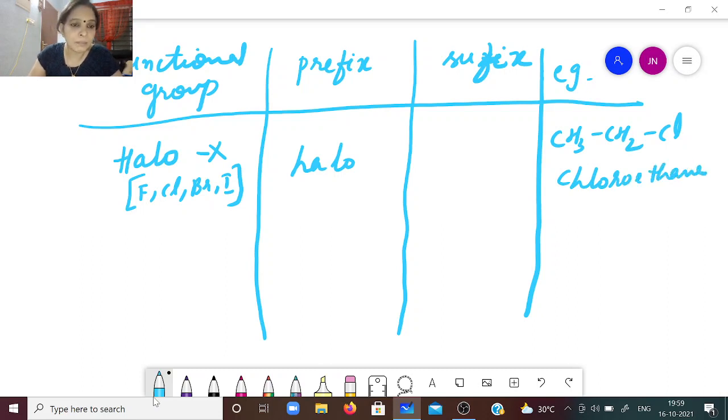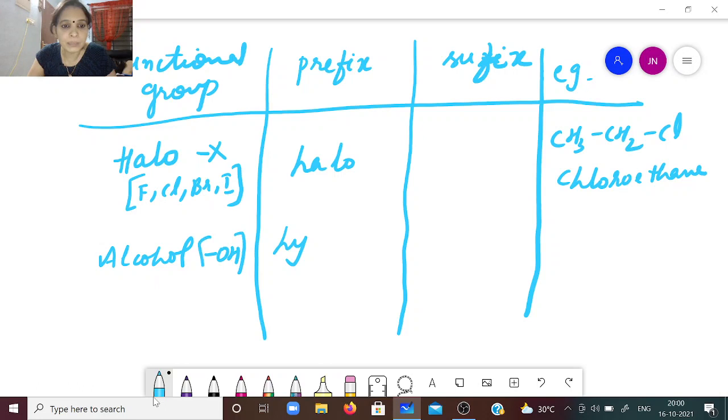Now, another example for this is alcohol. Alcohol can be prefix or suffix. Sometimes it will be prefix, sometimes it will be suffix. If it is prefix, it is hydroxy. Alcohol means OH.